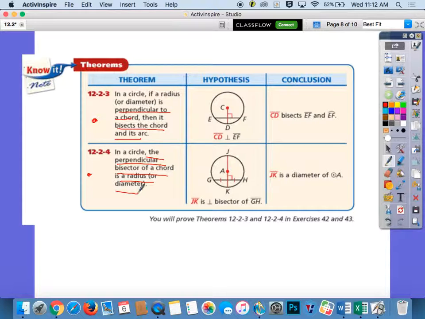So basically, radius CD is going to bisect EF because it's perpendicular to it. It's also bisecting arc EF. Conversely, if JK, here's a diameter, or you can say the radius AK, is a perpendicular bisector of GH, that means it's going to be a diameter.